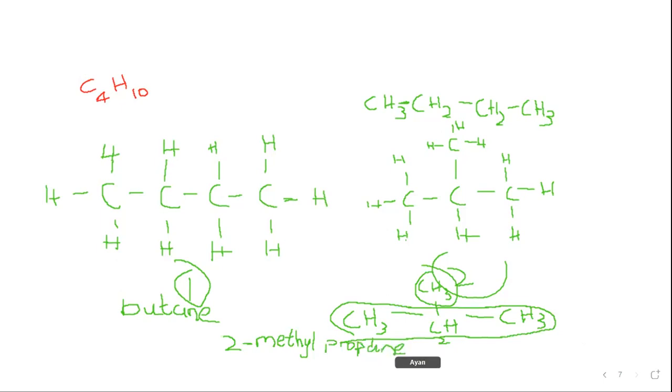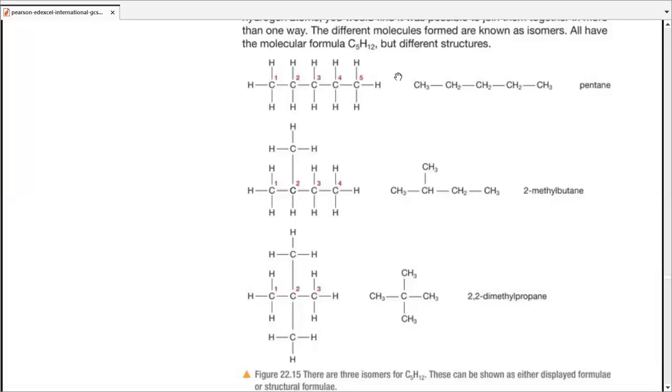So 2-methyl propane. Very good. So now you would notice that you have 2 isomers in total for a compound that has 4 carbon atoms. Getting back to the book, this is the point I wanted to prove. The book explains about C5H12, and you would notice that there are 3 isomers for C5H12.